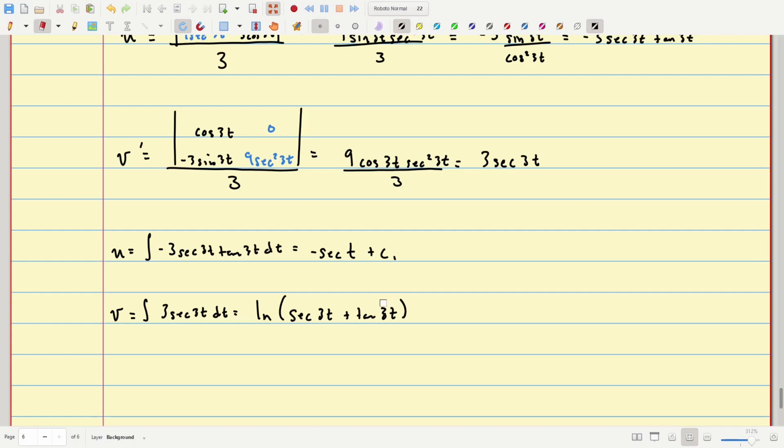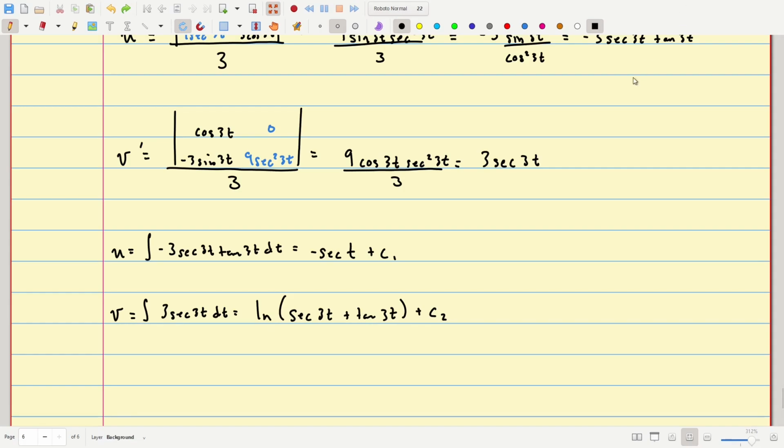Again, with the factor of 3 being taken care of by the substitution that we make for integrating the 3t part. We're going to have a C2 here, and again, we don't need absolute values for our logarithm, even though traditionally they should be there, because of that domain restriction I just mentioned.